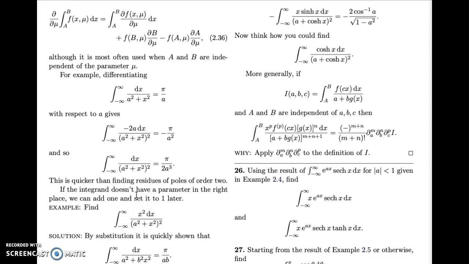Well, you can actually just introduce a parameter and then set it to 1 later. So we'll see how this works.